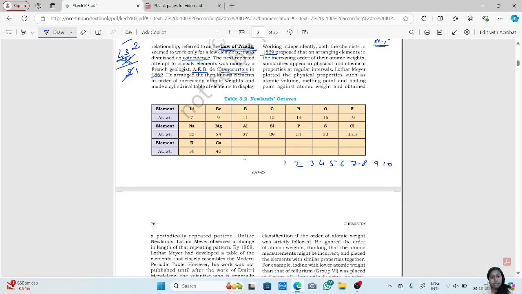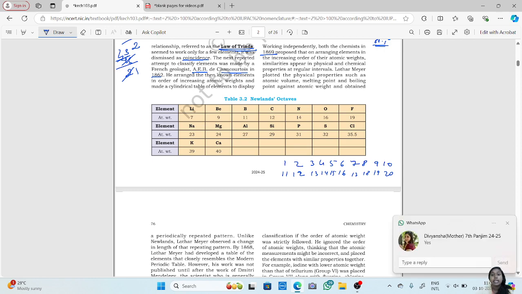Now when I arrange the second row, I'll start with 11, 12, 13, 14, 15, 16, 17, 18, 19 and 20. So at regular intervals, it is seen to have similar physical and chemical properties.